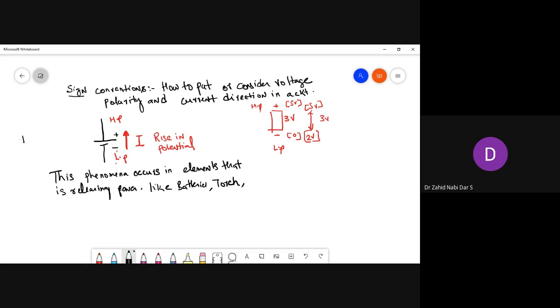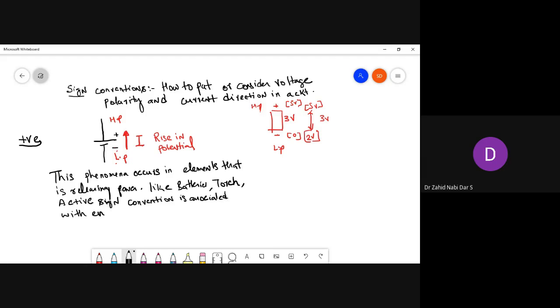So we'll take the value of rise in potential as positive. Here it is called the active sign convention.